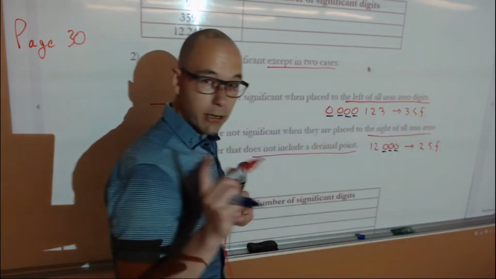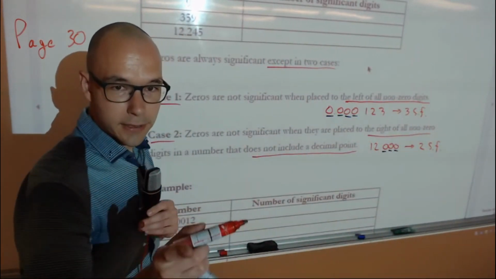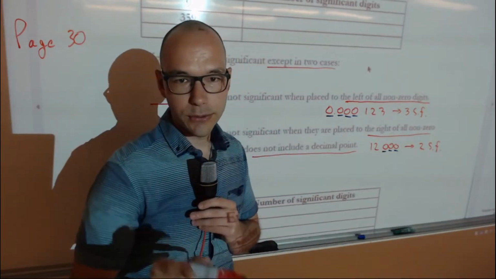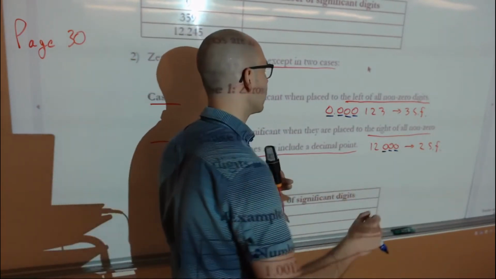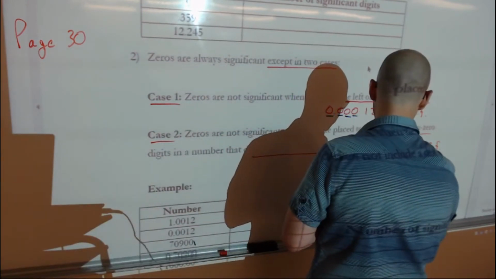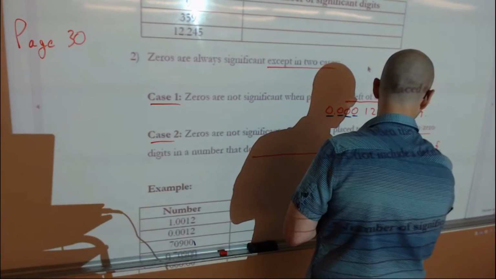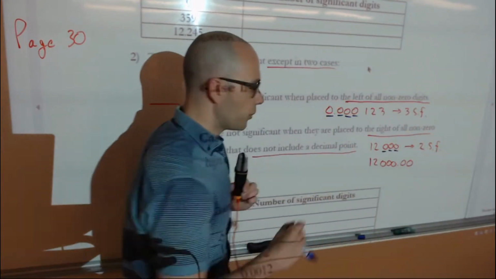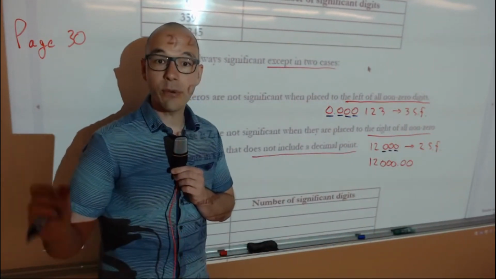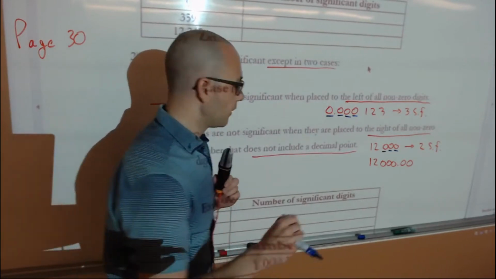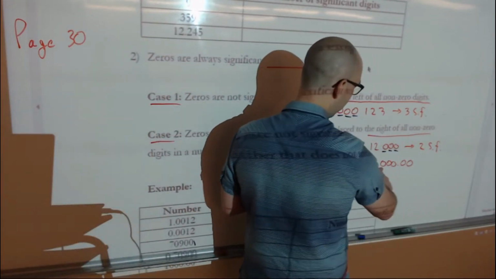But you got to be careful with that rule, because as soon as there's a decimal point, those zeros will count as significant figures, like 12,000.00. In 12,000.00, if we bother putting a point, that means that all the zeros are significant.